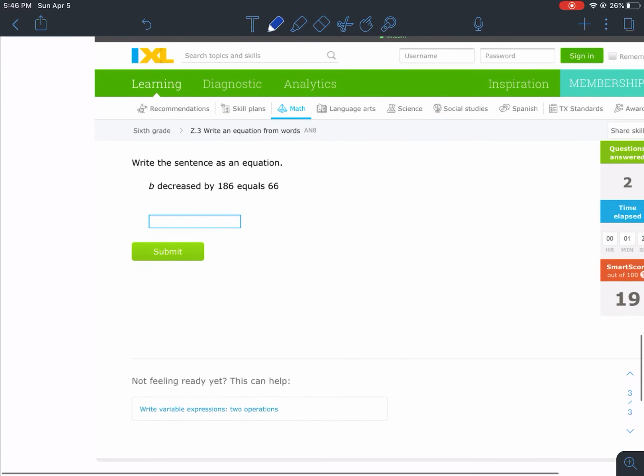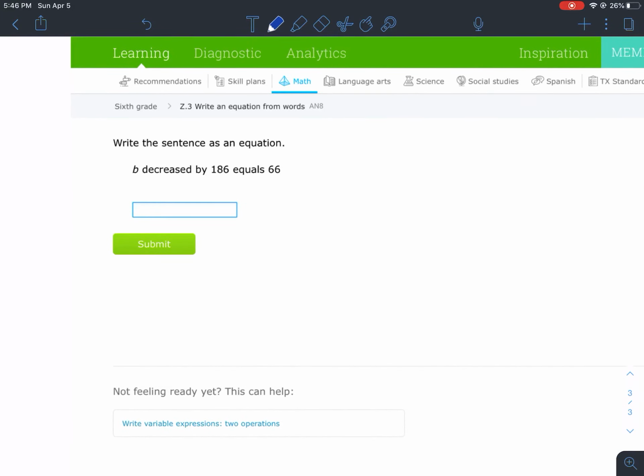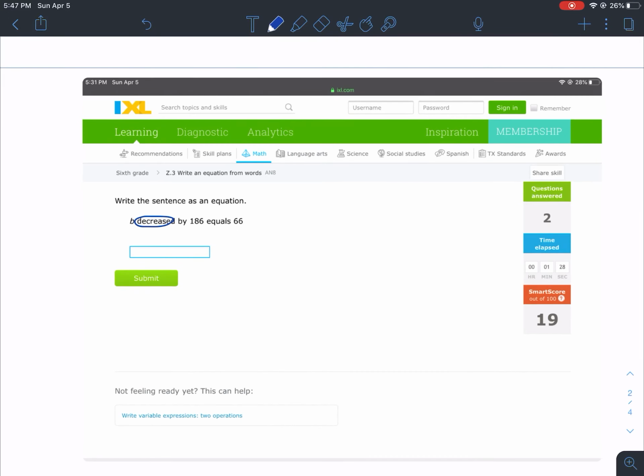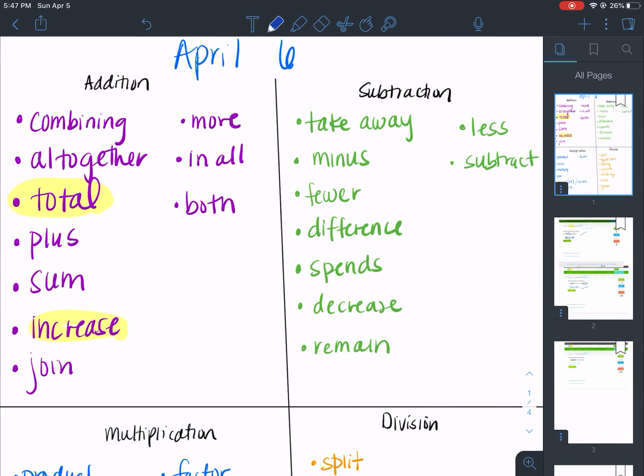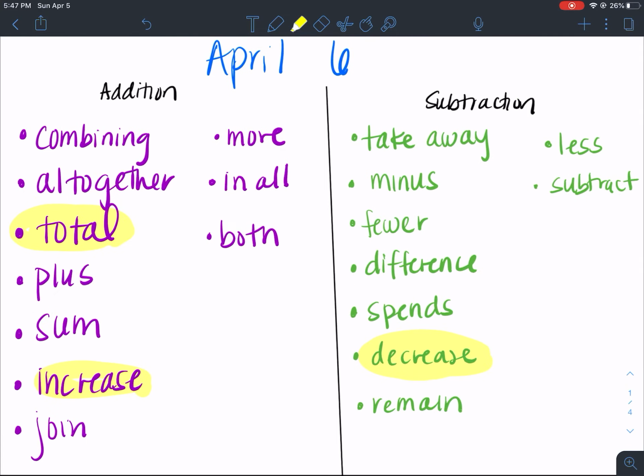Okay, next one. Write the sentence as an equation. So I have B decreased by 186 equals 66. So keyword here is decreased. So if I go back to my keywords, I look for the word decrease, and I see it right here. Decrease.